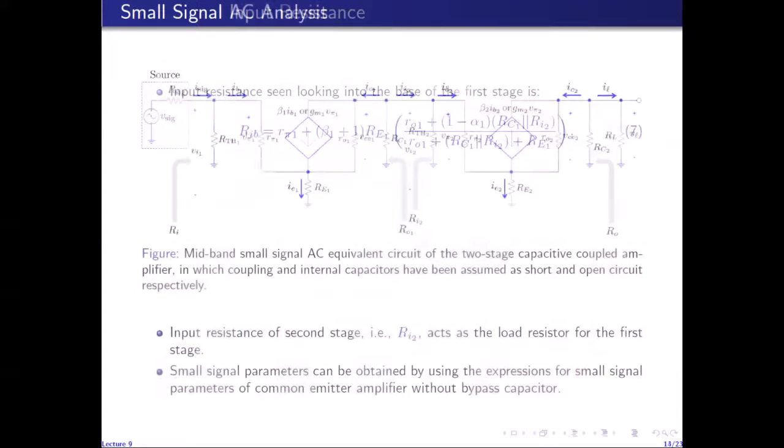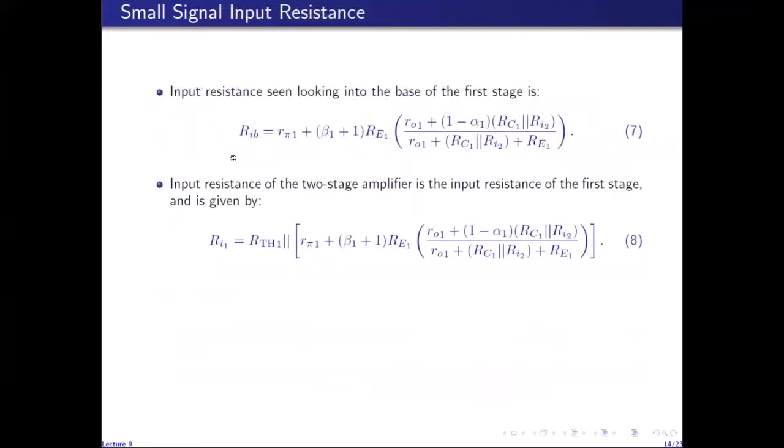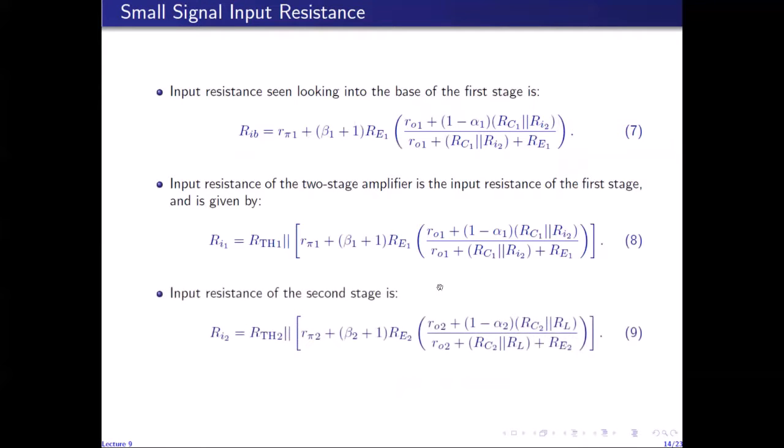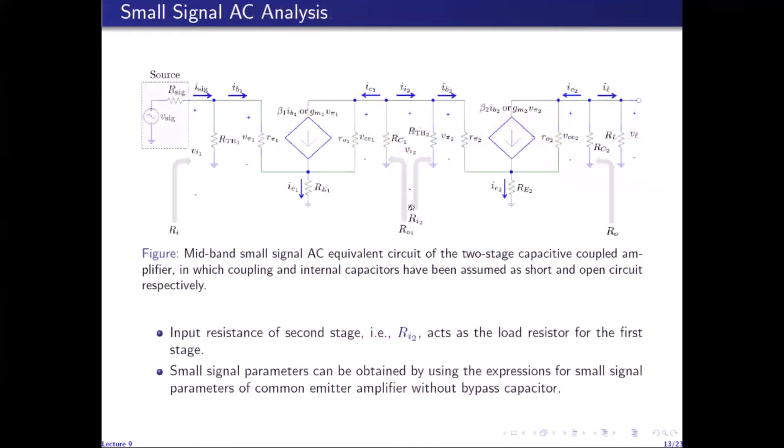And the input resistance, which is the resistance seen looking into this port made up of base and ground, has again already been found. So in that expression, we simply replace RL with Ri2. And then the input resistance of the second stage, which is the resistance seen looking into this side of the circuit.